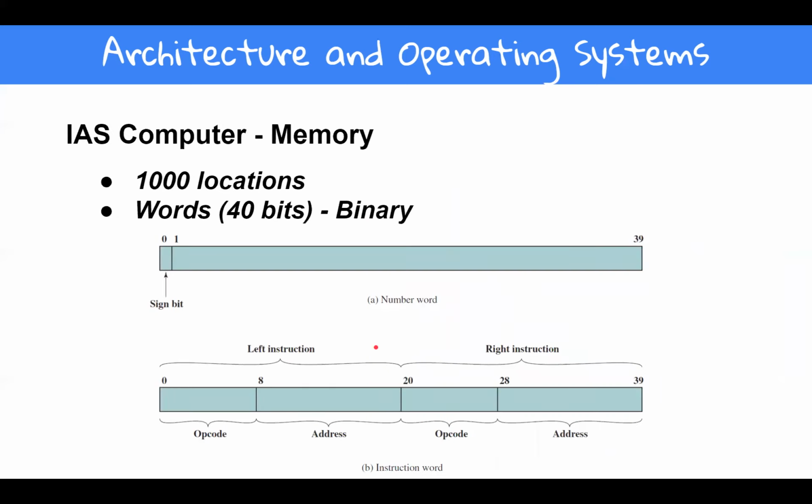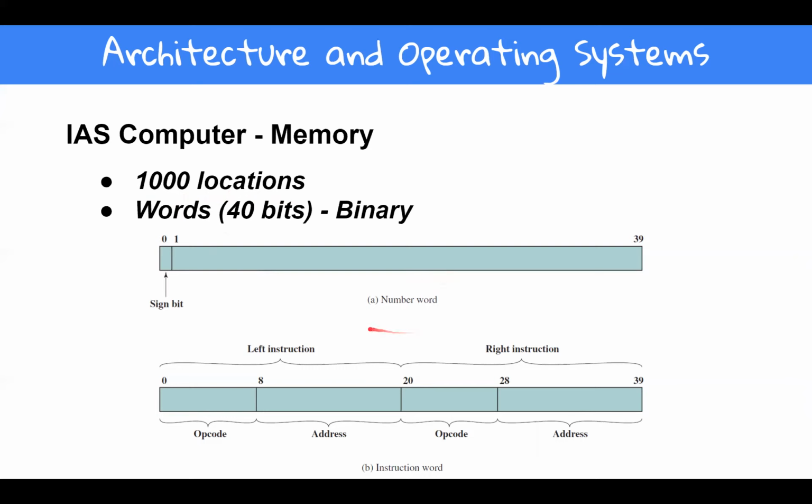But one thing about the von Neumann or IAS computer is the memory. Because I said it's a stored program concept, we need a memory able to store both numbers, data, and also the instructions. This machine's memory had 1,000 locations, from 0 to 999.